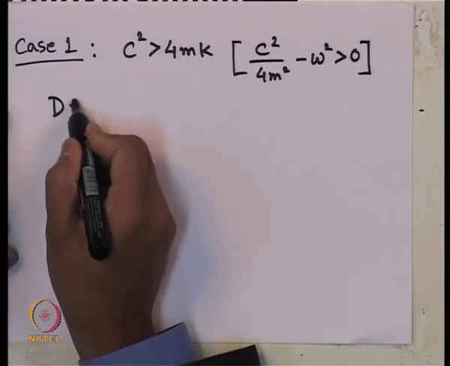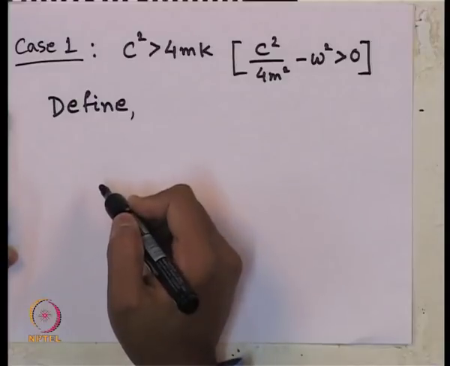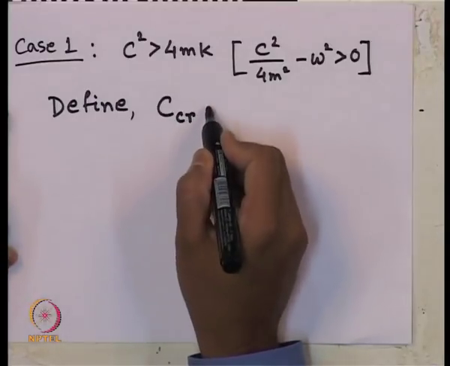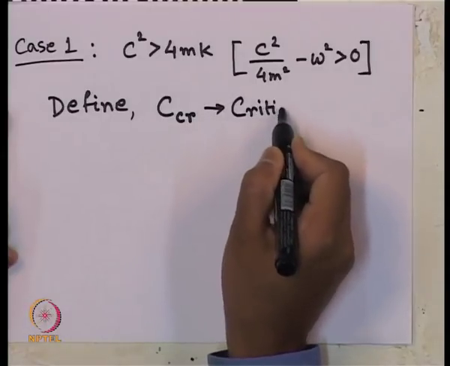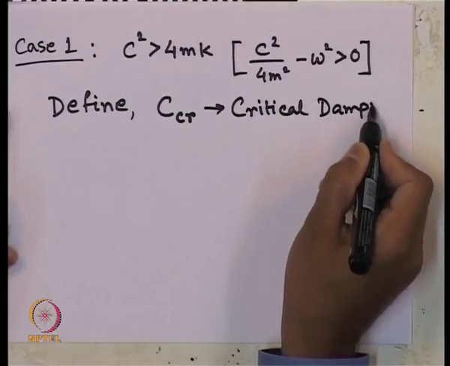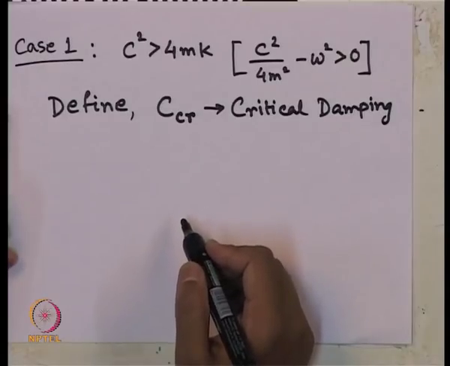In this case, let us define a new parameter CCR, which is called critical damping constant.